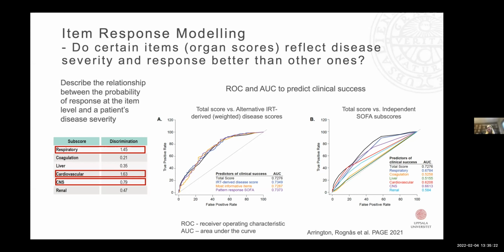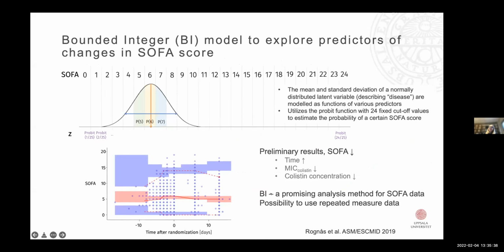And therefore, we think that the SOFA score is probably quite good as it is. And this more cumbersome way of looking at it, which is called item response modeling, may not be needed for this type of data.